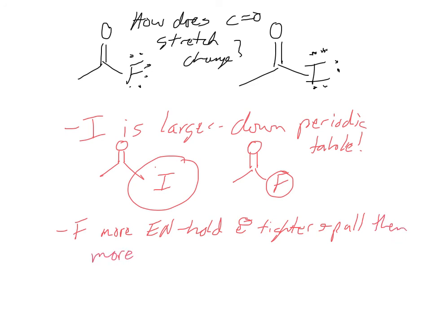Which one do you think is more likely? We're thinking about resonance and induction. If anybody's going to be more likely to donate a lone pair, which one would be more likely to donate a lone pair? I'm not saying it will, but it's more likely to donate a lone pair.